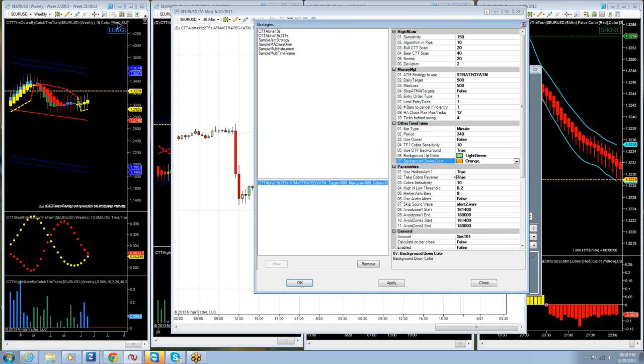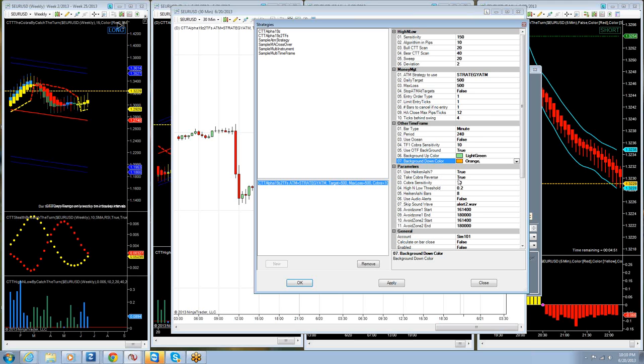So if Cobra reverses on the chart, on the higher time frame chart, I believe, it will actually reverse your trade from a long to a short or a short to a long, depending on which way it was before. Okay? And then here's the settings, your Cobra sensitivity, your high and low threshold, and then you can set your Heikin-Ashi bars, which here we'll change that to 6. And that's about it. So those are some of the settings that you can look at on the higher time frame without even having to open another chart.